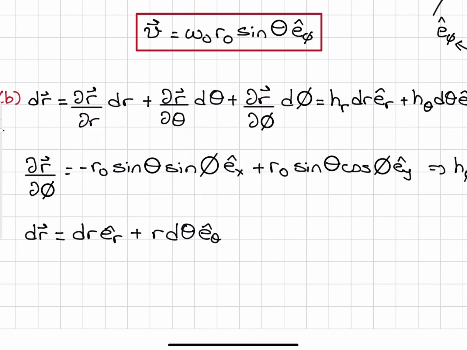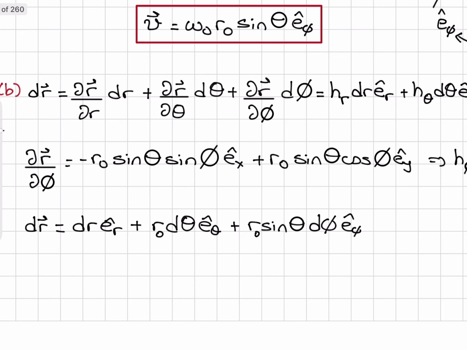And h sub phi, we just calculated, is r sine theta. So it's r sine theta d phi E phi hat. This is my displacement vector, and this r is actually r0 here.